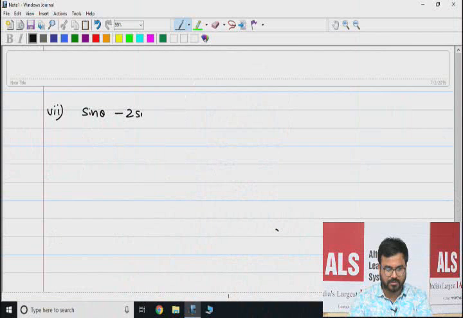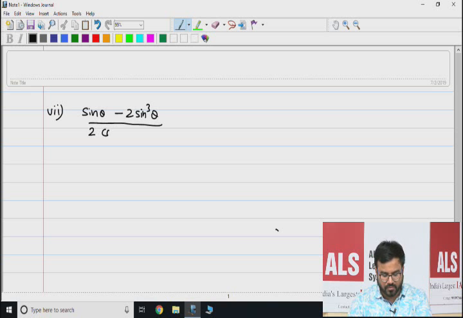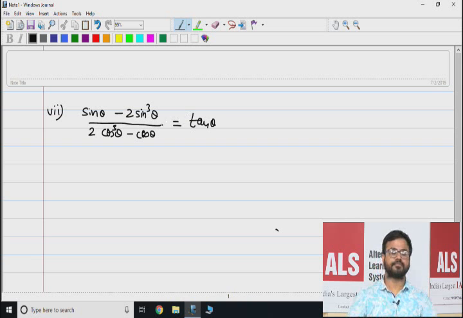Like in the sheet which I have given to you, there was question number 7 based on the trigonometric identities. It was (sin theta minus 2 sin cube theta) divided by (2 cos cube theta minus cos theta), and we have to equate it to tan theta.